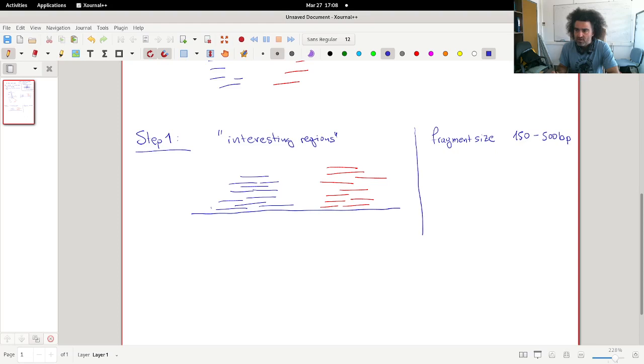Let's assume that this is 210. So from the truncation we know that the fragment size that we should have should be around 210 base pairs. What we do is that we extend every read here towards the 3' end, so this one is extended up to this point, and now this part here is 210 base pairs.